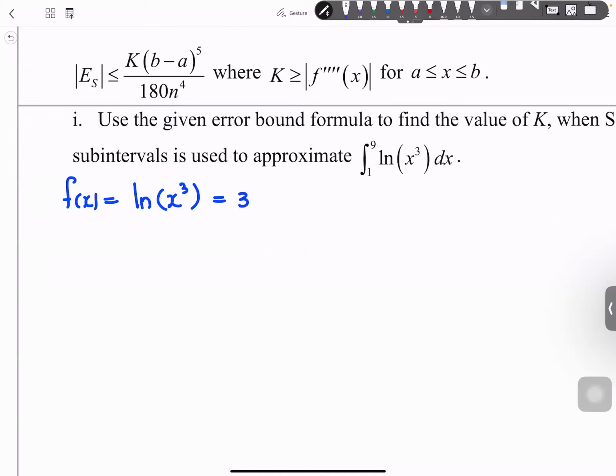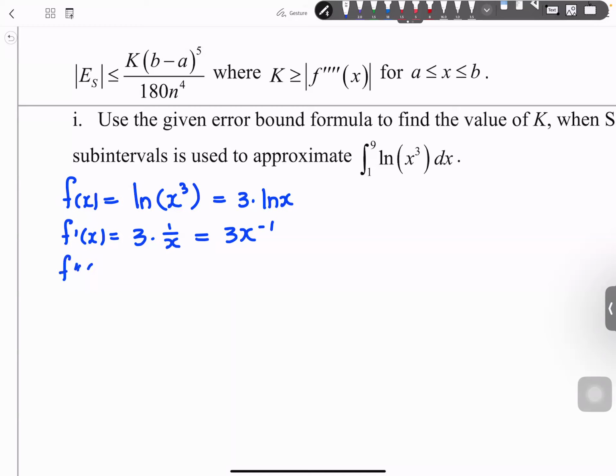We can write this as 3 times natural log of x. Doesn't that make the derivative a whole lot easier? So the first derivative is equal to 3 times 1 over x. Usually we want it cleaned up, but in this case I'm going to write it as 3x to the power negative 1, just because I'm looking to take multiple derivatives.